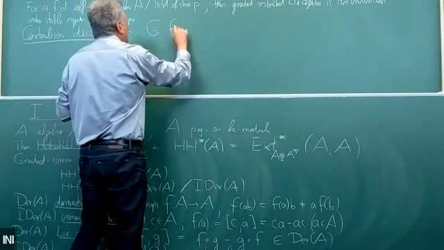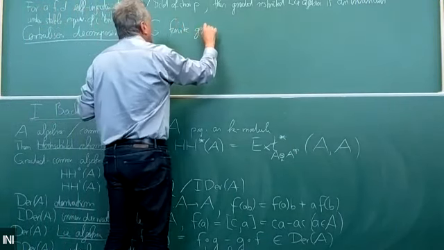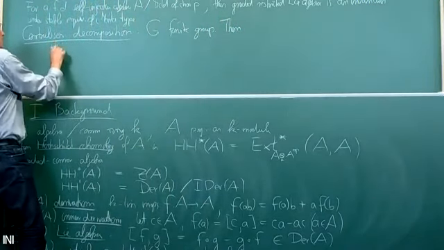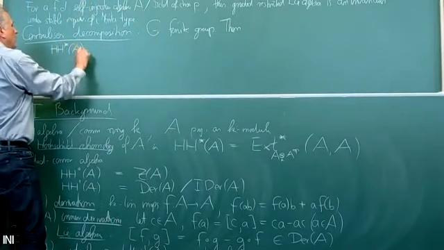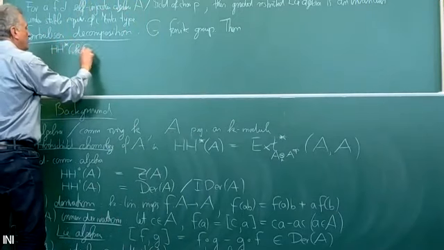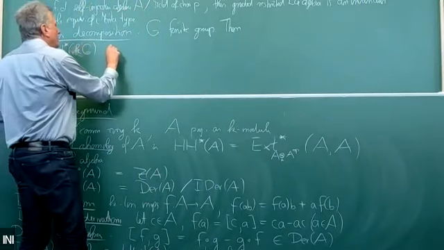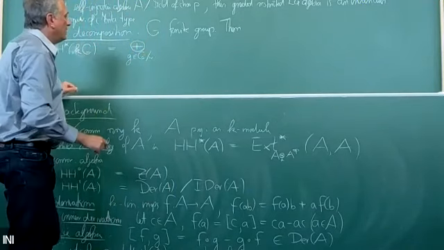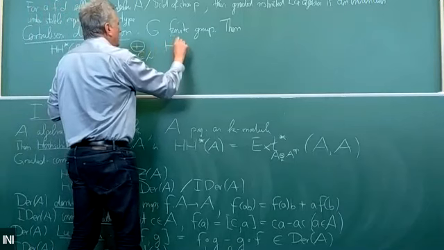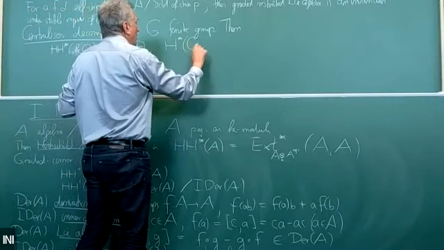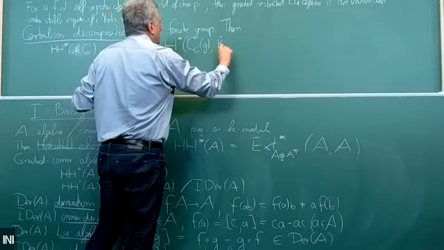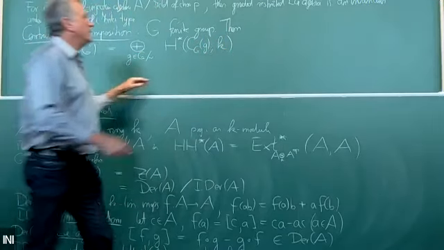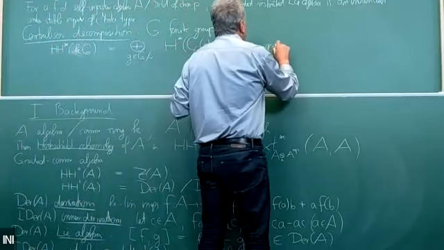If you have a finite group, then we have an additive graded decomposition of the Hochschild cohomology of the finite group algebra. That works over an arbitrary commutative ring K. You take a direct sum indexed by a set of representatives of the conjugacy classes of elements in G. And what you take on the right side is the ordinary group cohomology of the centralizer group with coefficients in K, additively, and this is as graded K-modules.